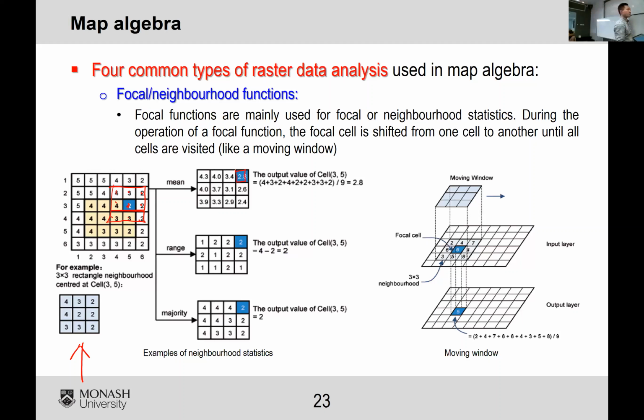And after the computation of this cell, the window will move to the next cell. So for this cell here, the new window will be created and calculate the mean or other operations or other results you want to get, the range or majority of the value. So this is called a moving window computation.